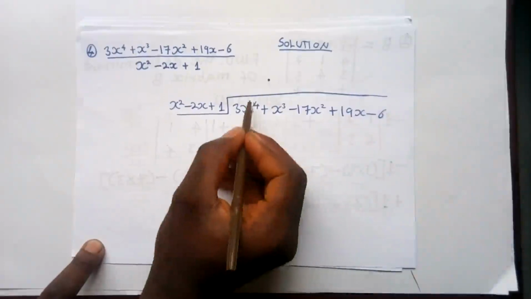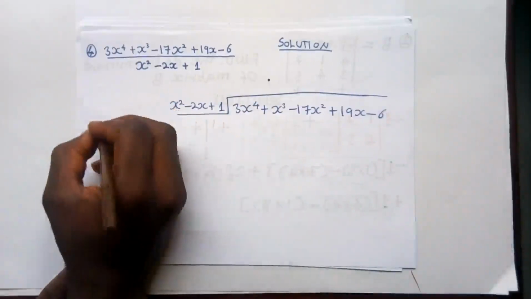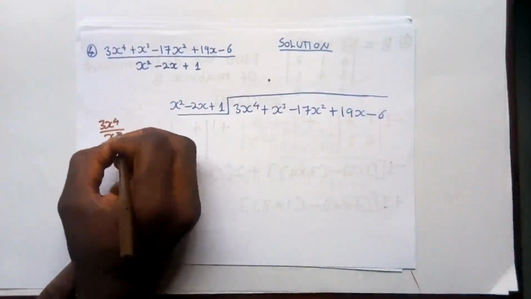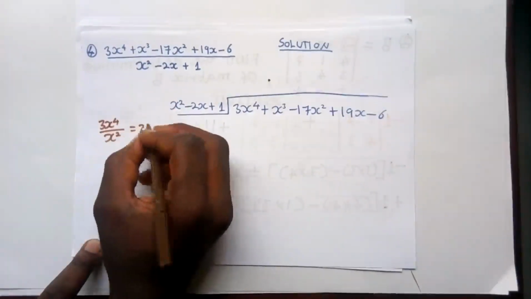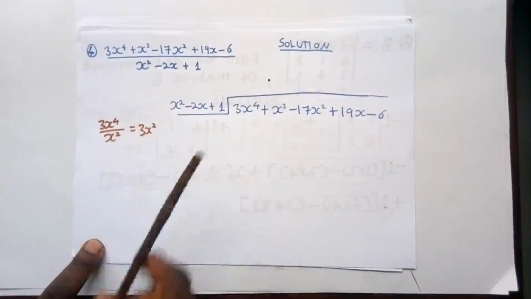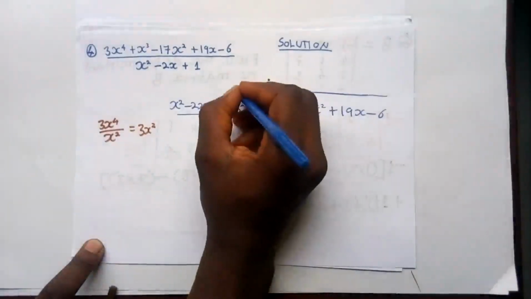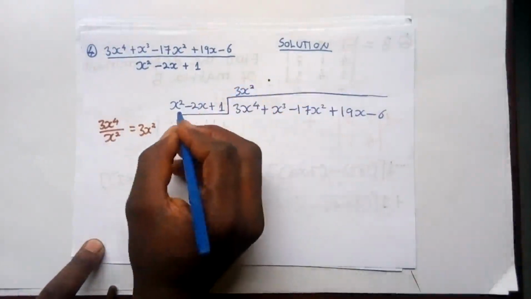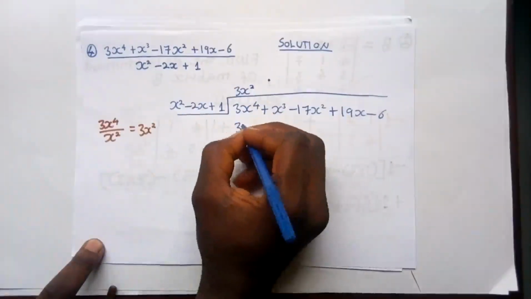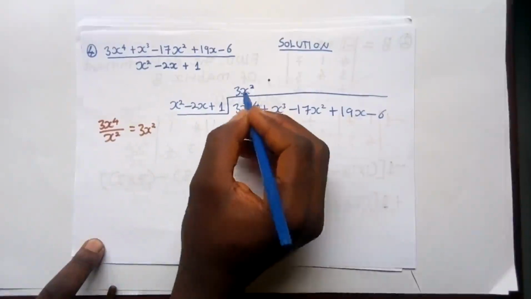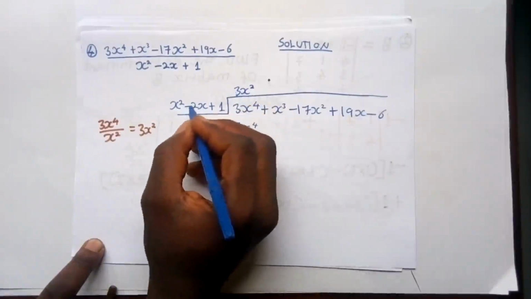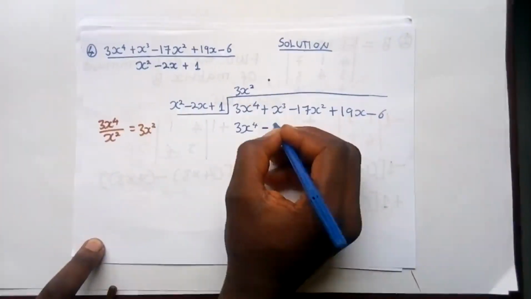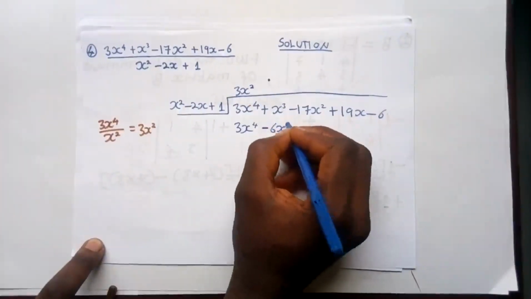Just the same method. The first term here divided by the first term here. So 3x raised to the power of 4 divided by x squared, we have 3x squared. 3x squared multiplied by x squared gives us 3x raised to the power of 4. 3x squared multiplied by minus 2x gives us minus 6x raised to the power of 3.